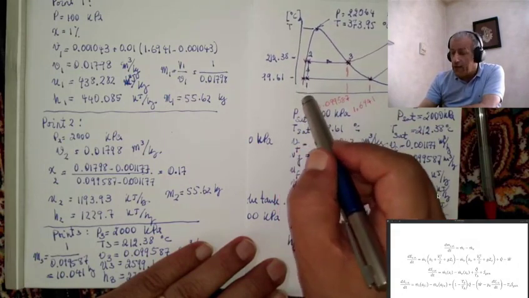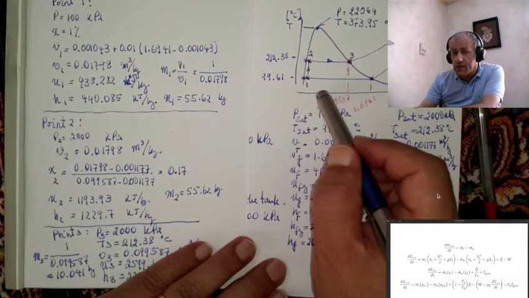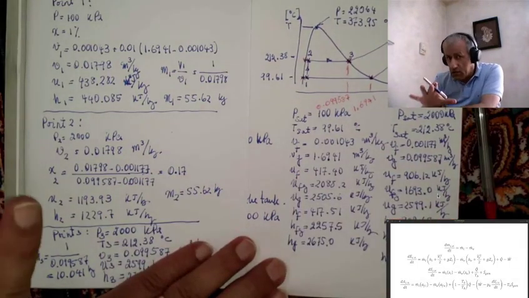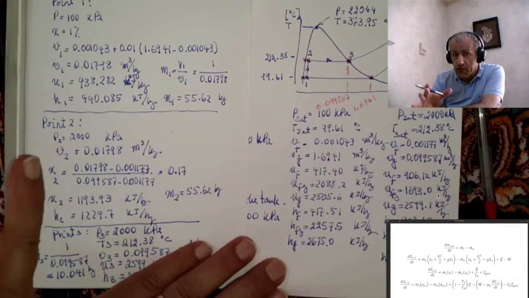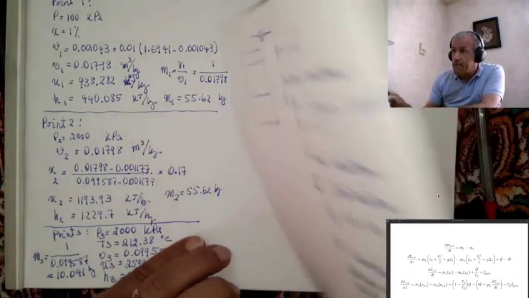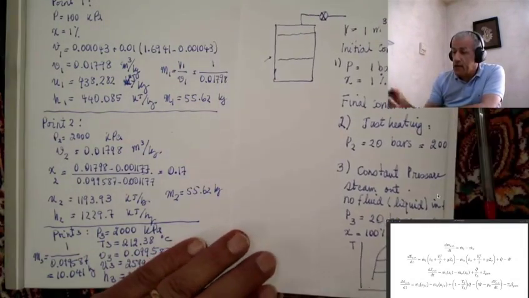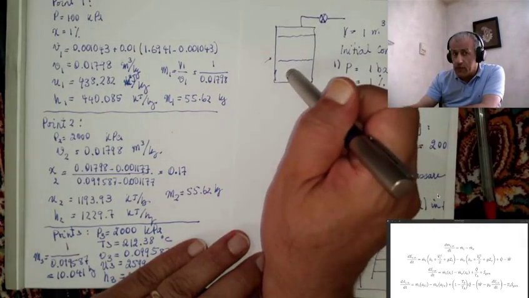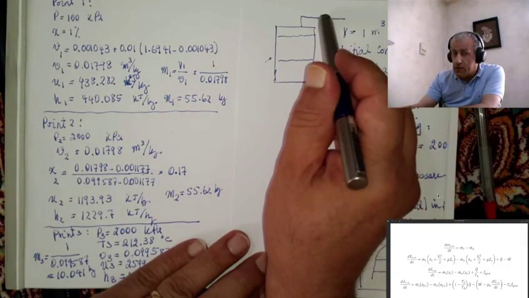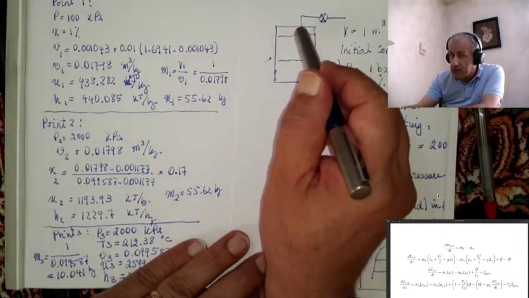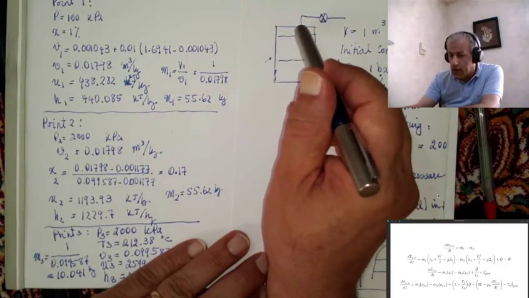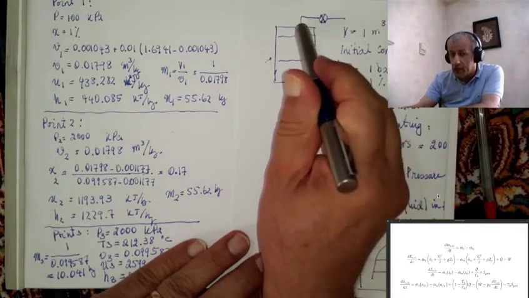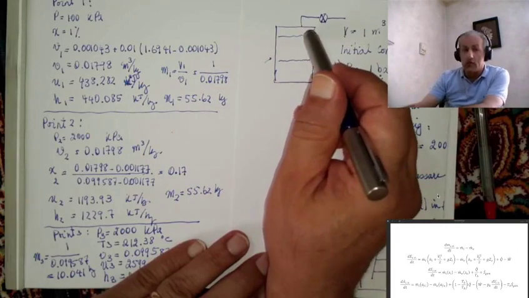So when you have a quality of 50%, it means that there is some liquid and some vapor. There is no mixture. Look at this: you have vapor standing up here and liquid down here. And therefore, when the valve opens, only vapor goes out. There's no liquid going out unless there's a valve underneath. If there's a valve at the top, only vapor goes out.